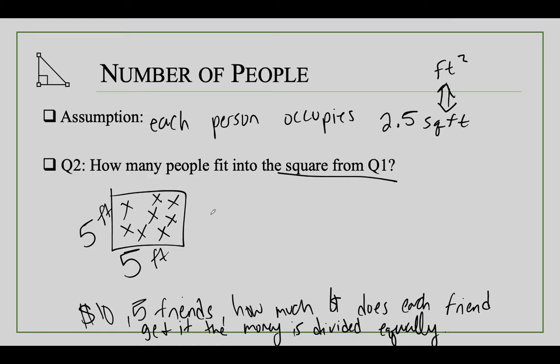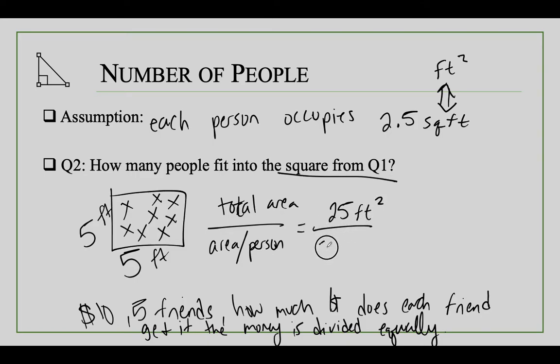So if I have a square, so I have this total area, and I'm going to divide it by the area per person. So that's going to be, I had 25 feet squared, and each person occupies 2.5 feet squared per person.